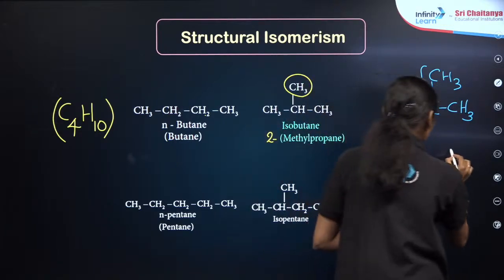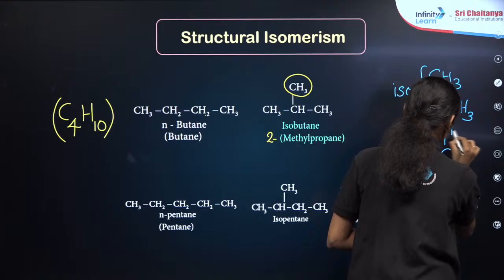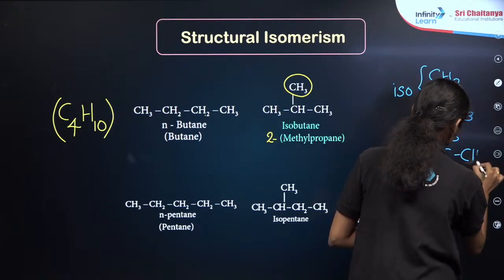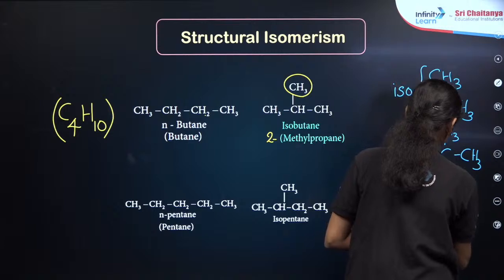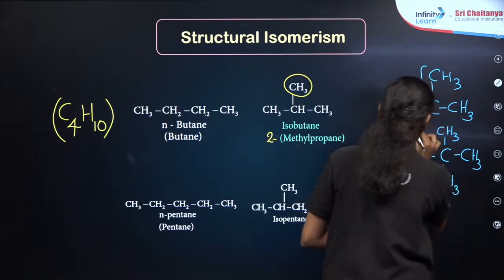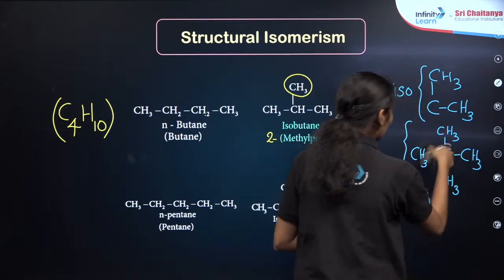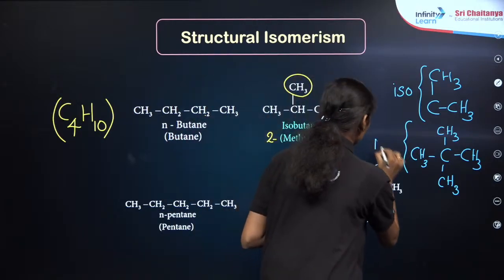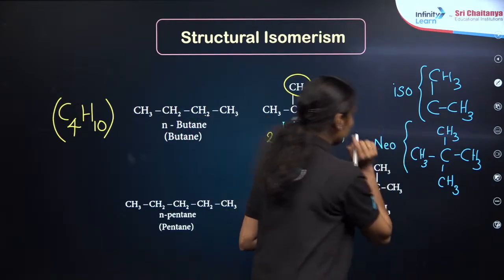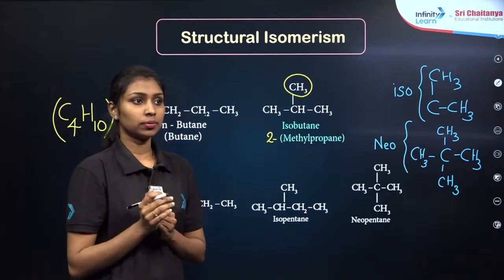Iso compound. In general, if any compound contains this part, where the carbon is connected to 4 methyl groups, it will be called a neo compound, right? Neo. Is that clear?